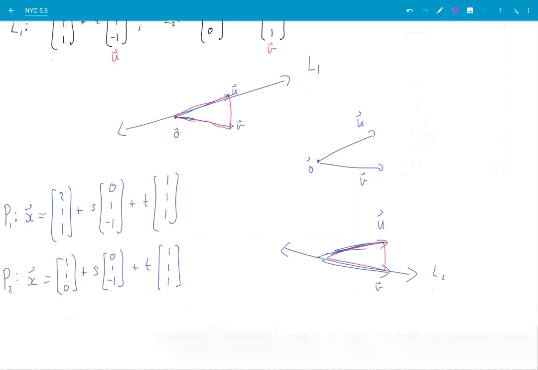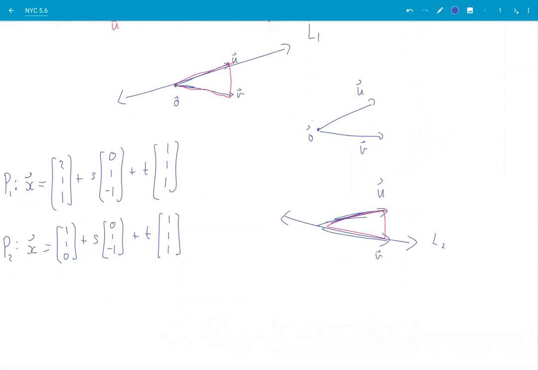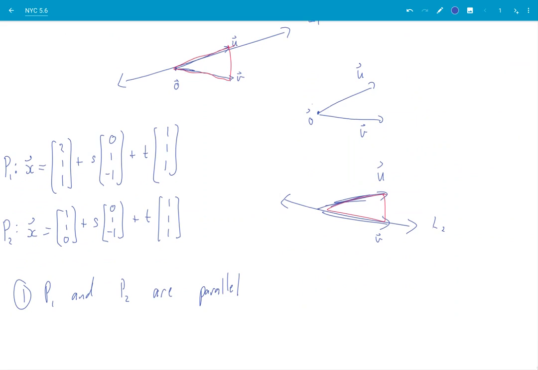So two things that take a bit of thinking about. One, P1 and P2 are parallel. And the harder thing to think about maybe is that the desired distance is the distance between P1 and P2.